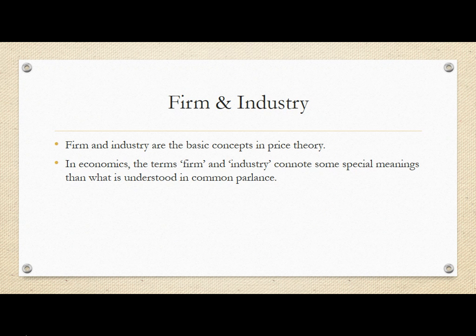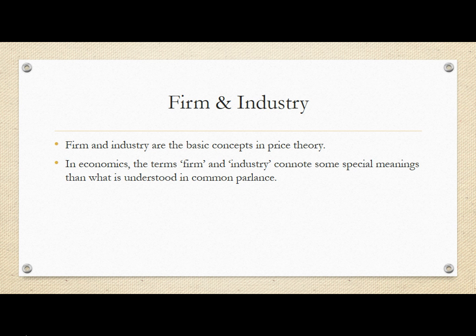Now, what is industry? The term industry refers to a group of firms engaged in the production of a specific commodity. So we say banking industry, telecom industry, or retail industry, including all its close substitutes. Thus, an industry is a set of firms producing homogeneous products.